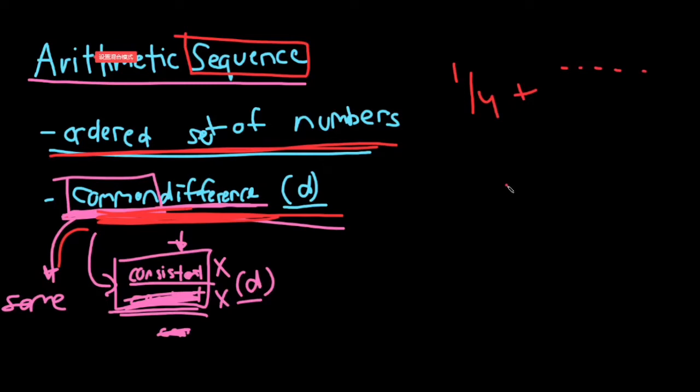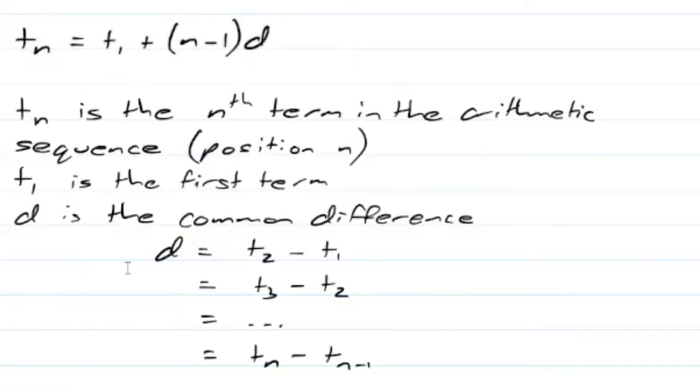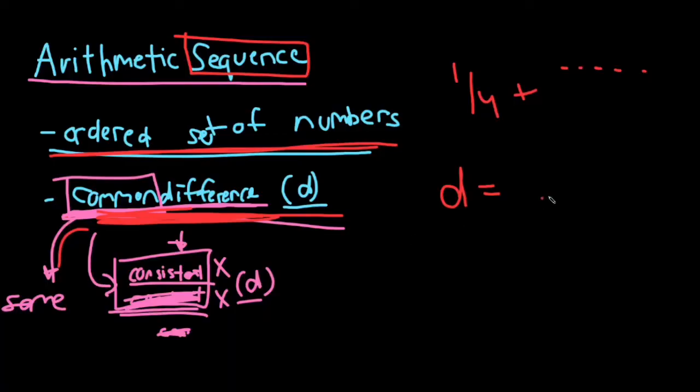So what you can do to find the common difference, which is an equation, is D is equal to... D is the common difference, and D can be denoted by Tn take away Tn take 1. Now these are subscripts, so they're lower than T, so you write them lower than T. So be sure to keep that in mind.